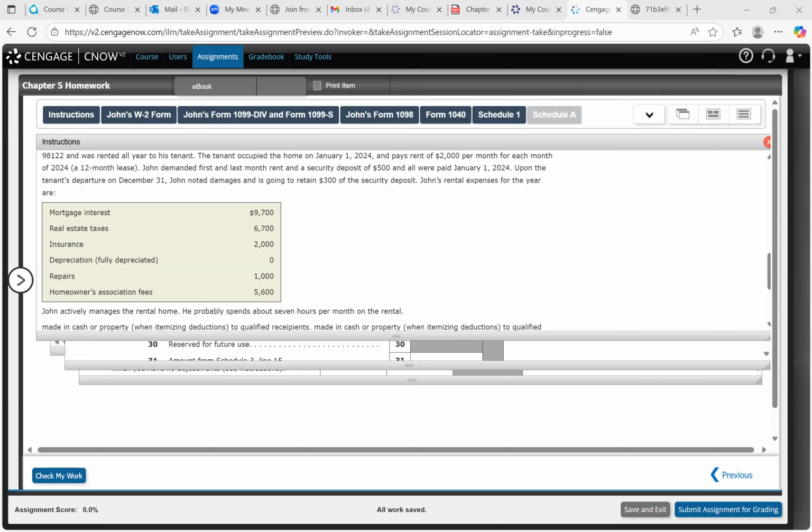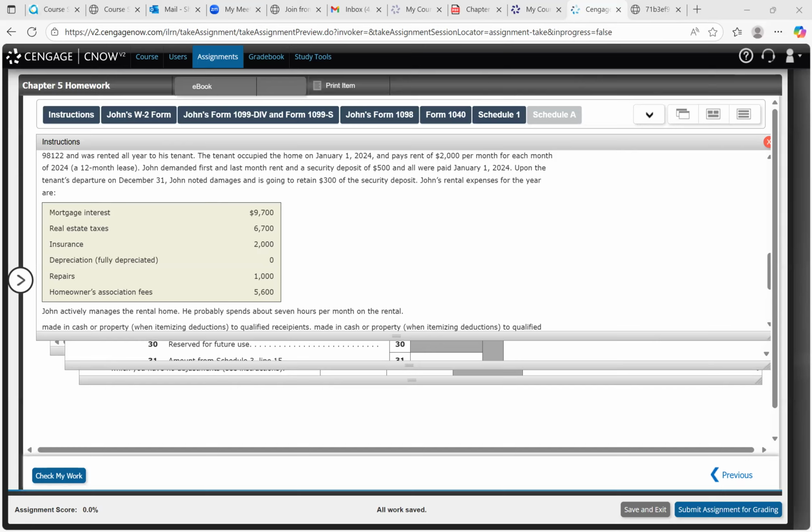Right here. So when we look at his income, we start with the wages of 83.3. We add the dividends of 48.50. We add the capital gains of 20,854. This comes from Schedule D. We add that additional income from Schedule 1.